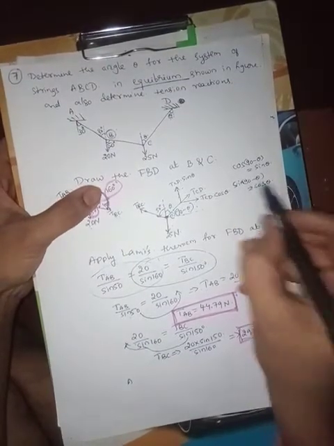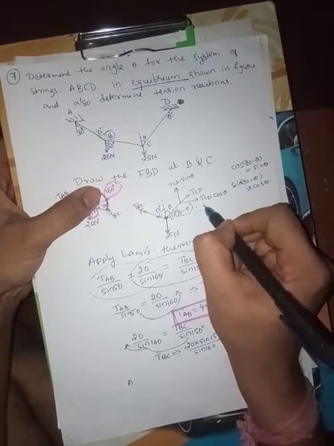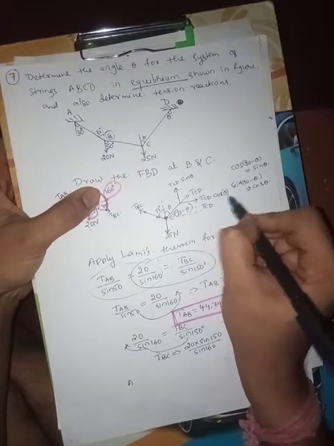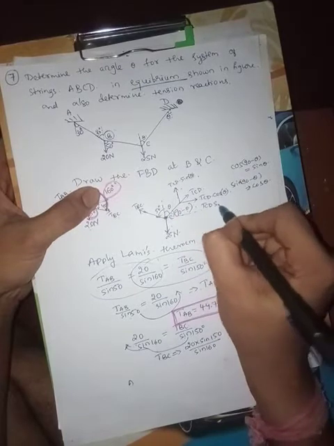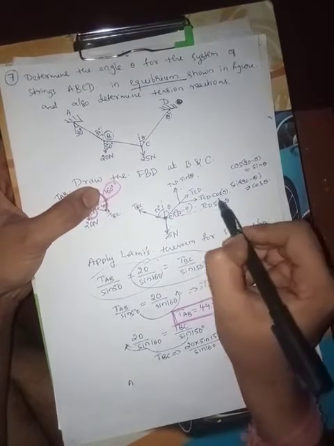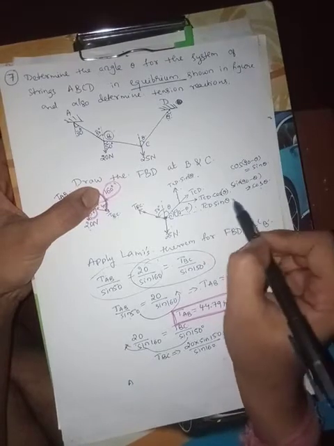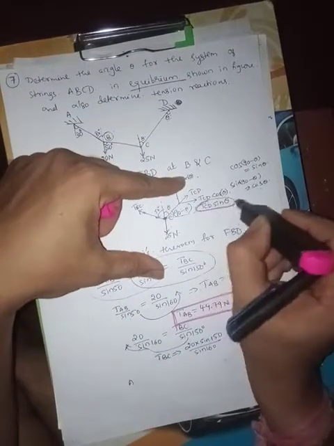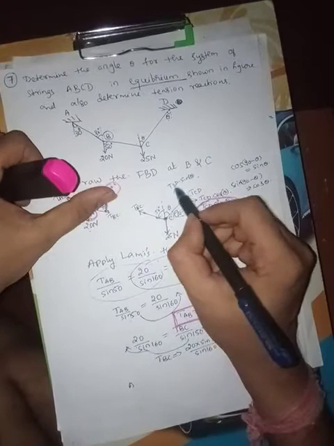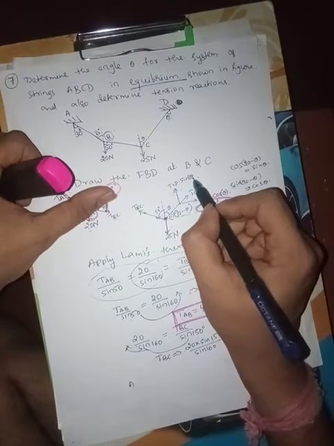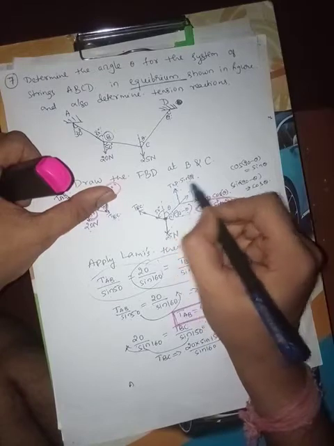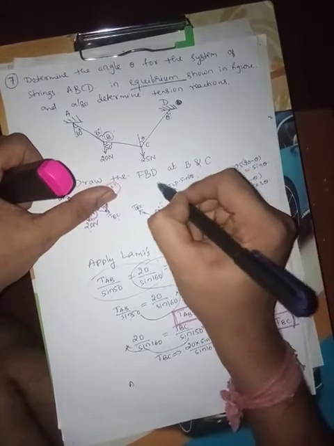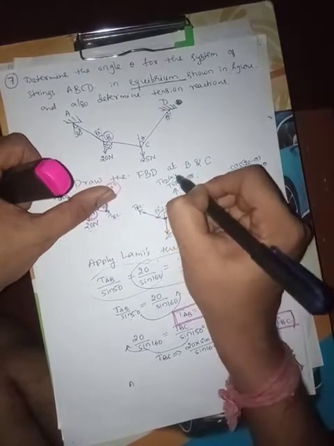So the horizontal component is TCD sine theta, and the vertical component becomes TCD cos theta.